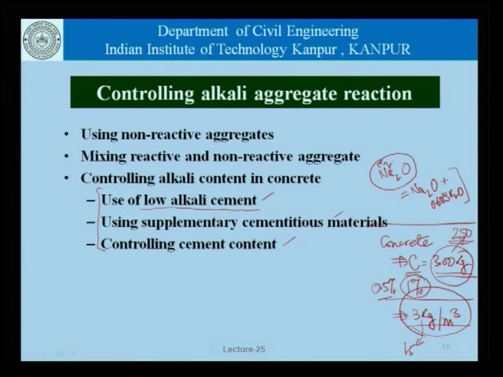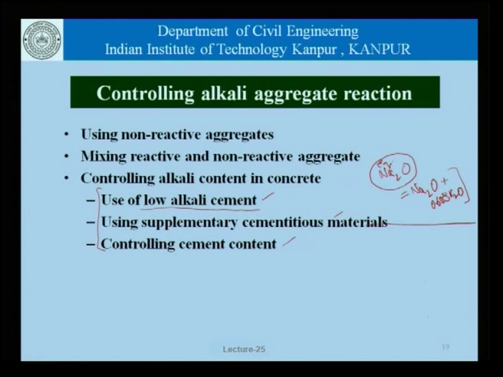By that token, even if my equivalent Na2O remains at 1%, now let us look at the option of using supplementary cementitious materials. Going back to the previous example, when we said that my Na2O is 1%, my unit cement content was 300 kgs in a cubic meter of concrete.